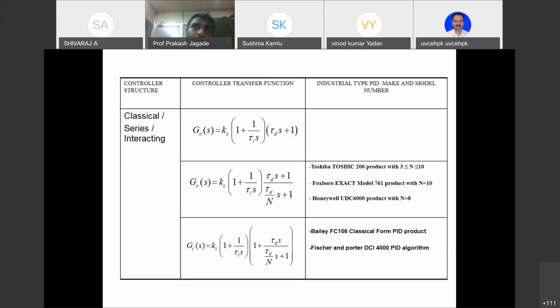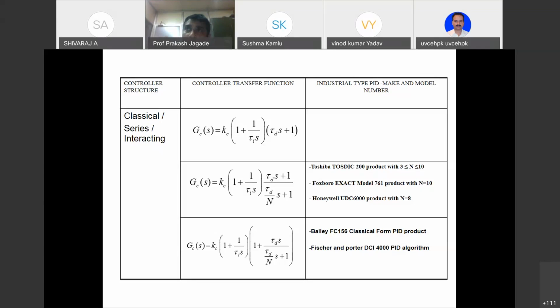The other important point I want to say is that when we handle a PID controller topic in the control system course, this industrial type PID controller has to be discussed in the class. For that reason, I have discussed it in this short-term course.